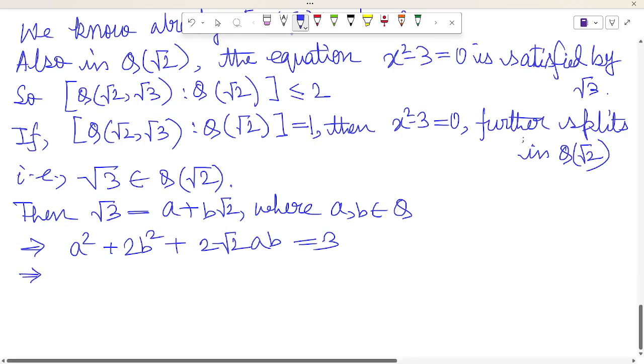That means I will get this relation. It is 2 root 2 ab. Now I will seek a contradiction.